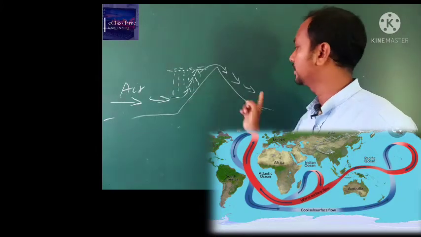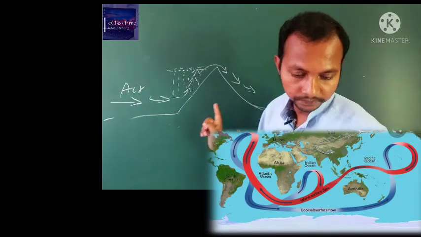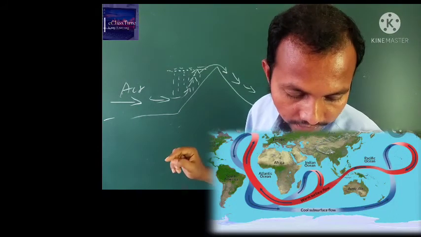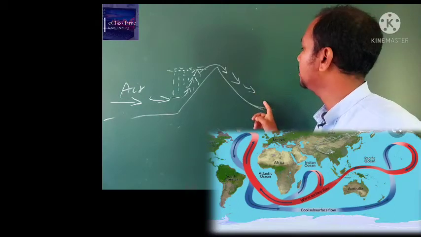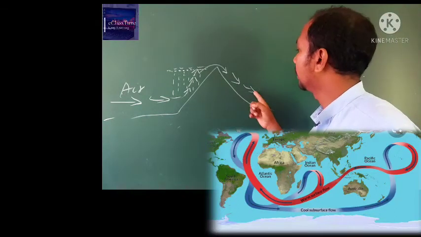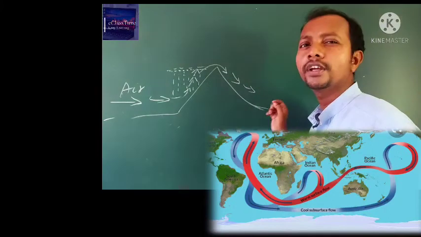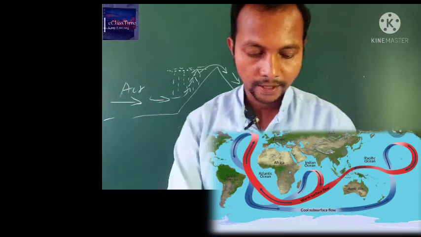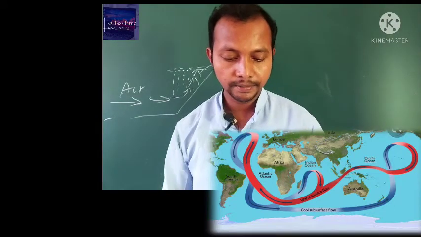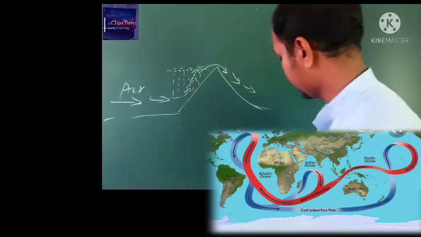And this other one is known as the leeward slope, and in this slope there is no water, only dry air is coming, so this area becomes dry or gets very little rain, or is very dry.